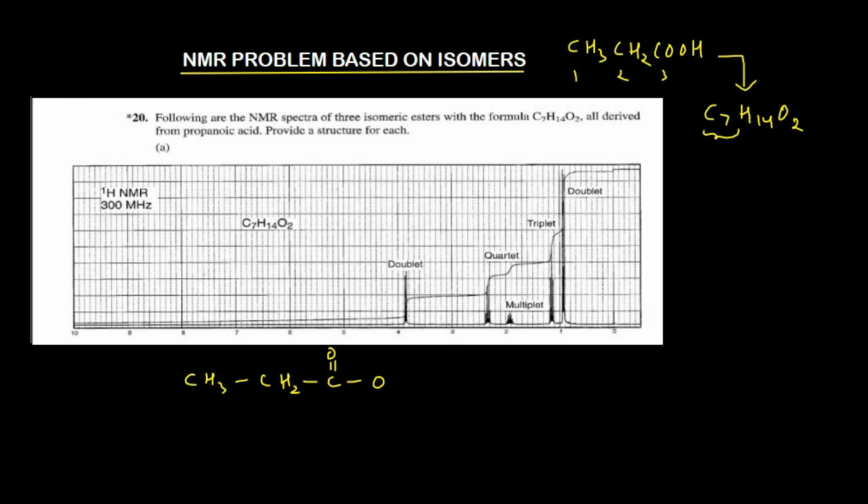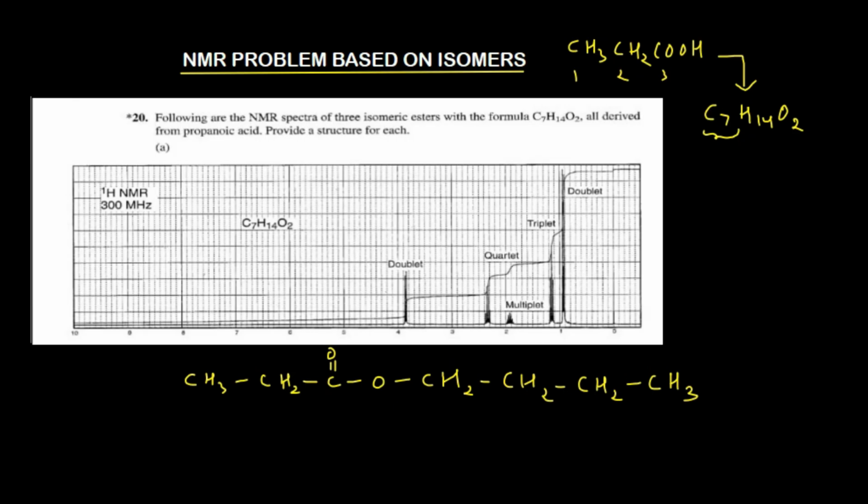So we can simply write an ester which will look like CH2, CH2, CH2, and CH3. So your carbons are 1, 2, 3, 4, 5, 6, 7, 7 carbons, and 14 hydrogens and 2 oxygens, right? So the first ester you can write in this way.